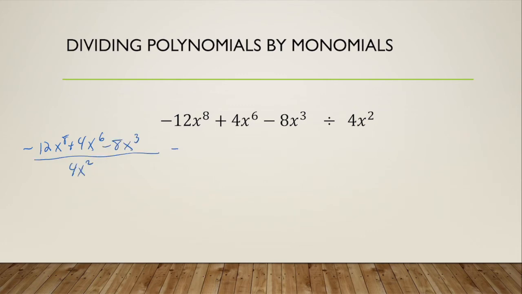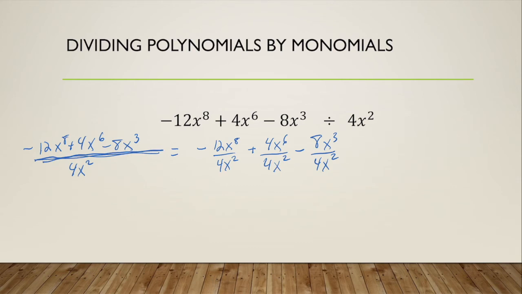So let's pull that apart. So I have negative 12x to the 8th over 4x squared plus 4x to the 6th over 4x squared minus 8x cubed over 4x squared. And again, I just want to note that if I went ahead and added and subtracted these fractions that I pulled apart, I'd get back to what we had originally. That's one of the reasons why this works.